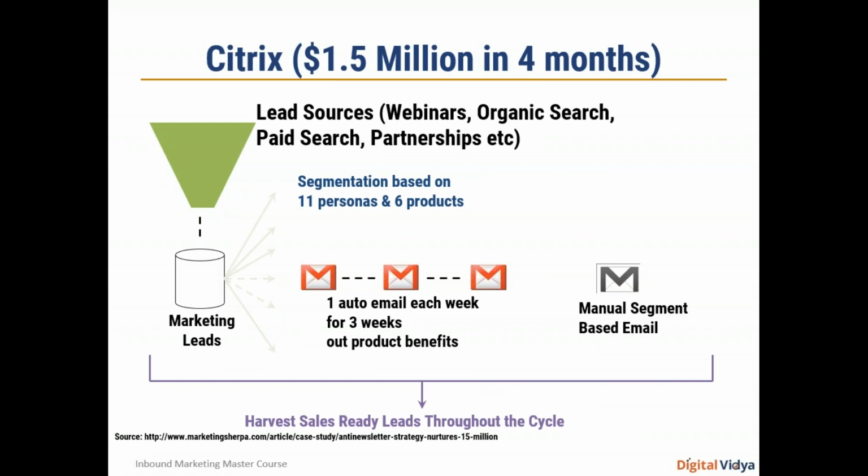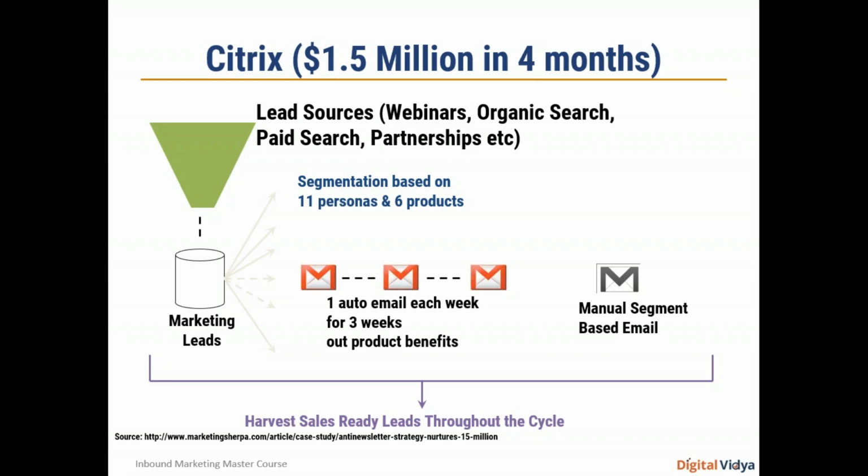Another example from Citrix, how they made 1.5 million dollars in 4 months. Citrix is the same company whose product we are using right now; GoToMeeting software is a product of Citrix. They looked at their lead sources: webinar, organic search, and paid search, and they were generating lots of leads.